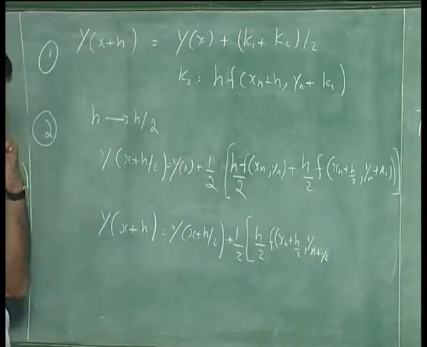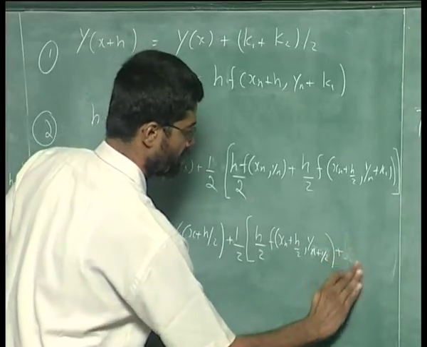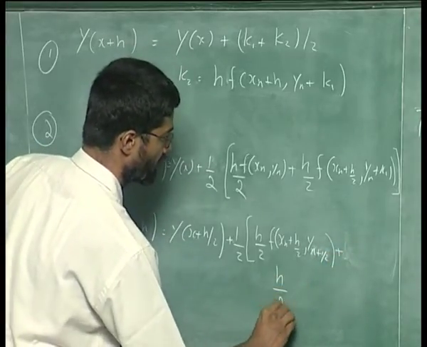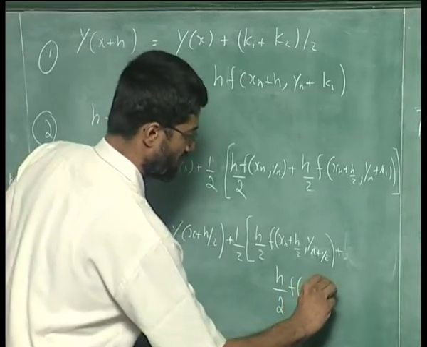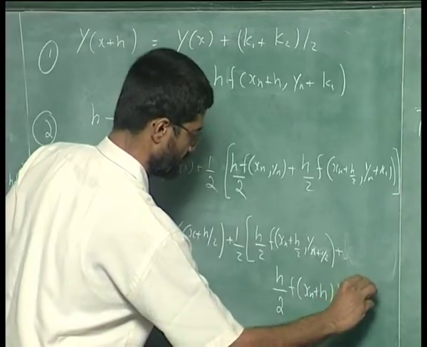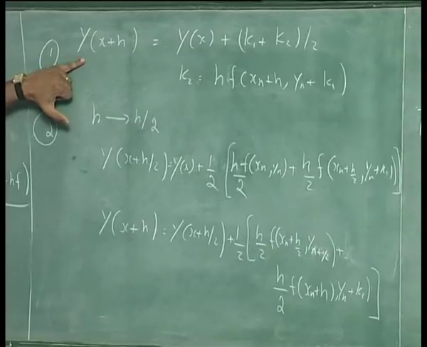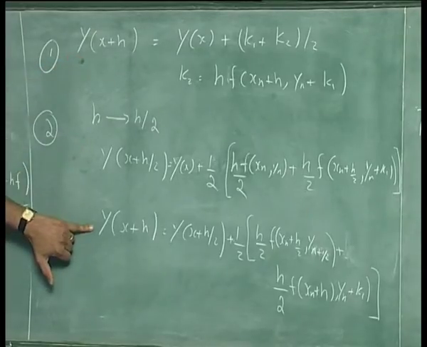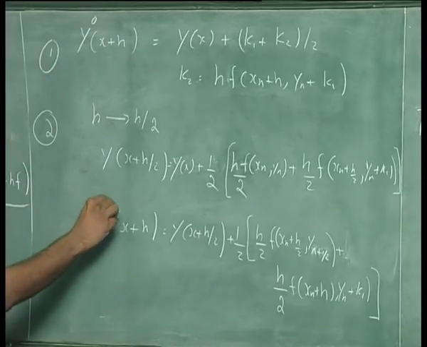Then plus h by 2 times f at xn plus h, yn plus k1. So I do this in 2 steps. I did it in 1 step here, and I do it in 2 steps. Let me call this value y0 and this value y1.